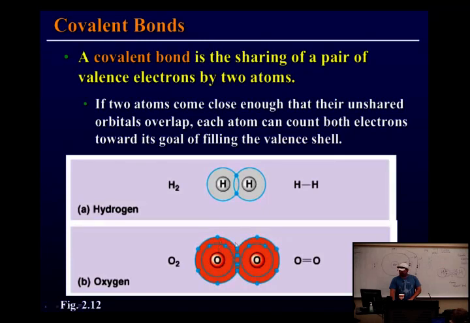So there's 6 here, 6. Let's say that this is one of the unpaired electrons from this one. 1, 2, 3, 4, 5, 6, and this is the other one. 1, 2, 3, 4, 5, 6. So it's sharing these 2 pairs of electrons. And each shared pair of electrons, 2 electrons that are shared, is 1 single bond.